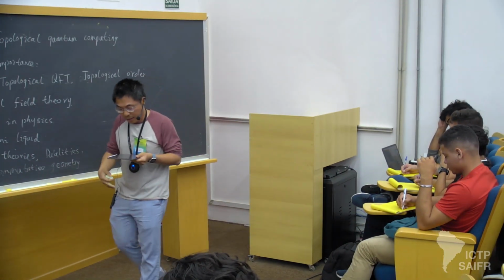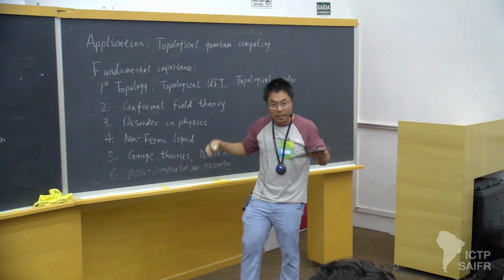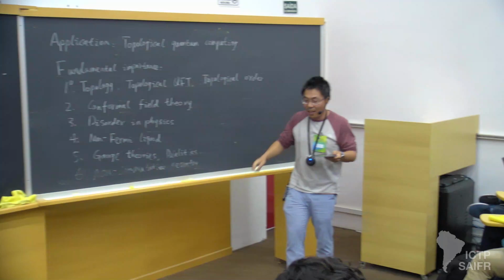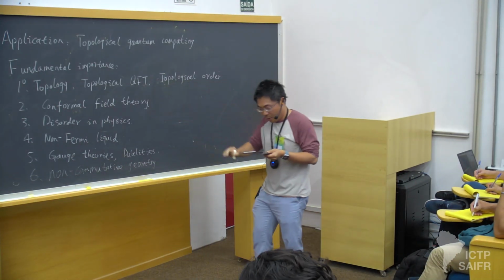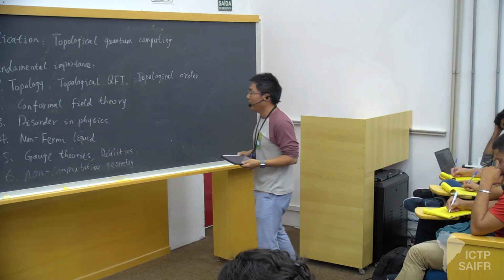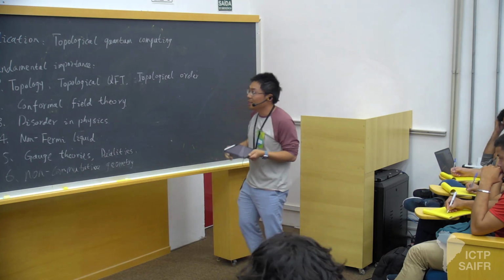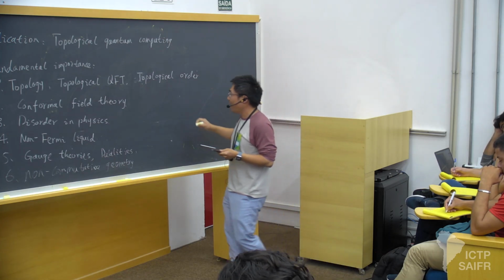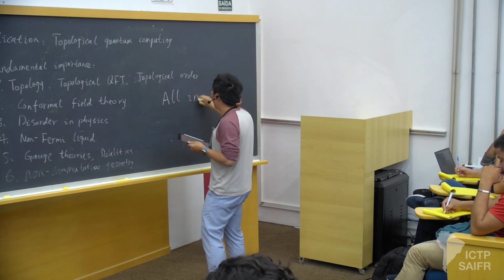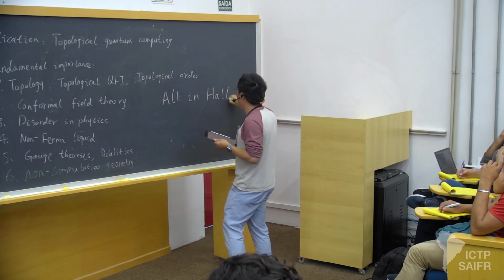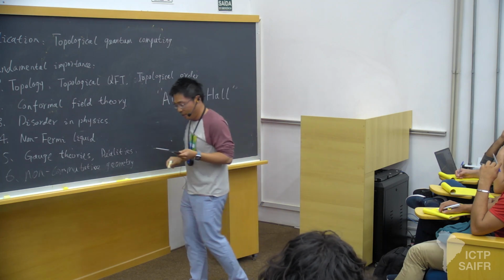I could spend a semester or a year talking about the physics behind quantum Hall physics, but I will not do that. But let me also mention one slogan about quantum Hall that I really like, which is "all in Hall," and that's literally true.